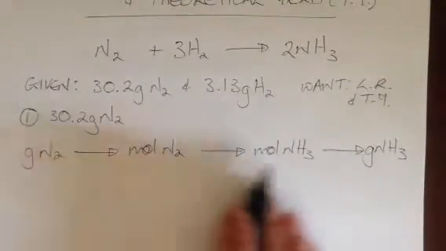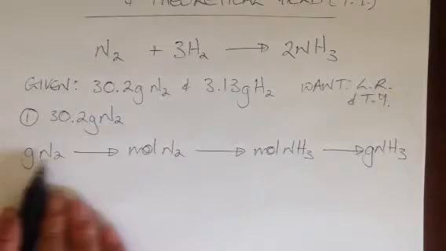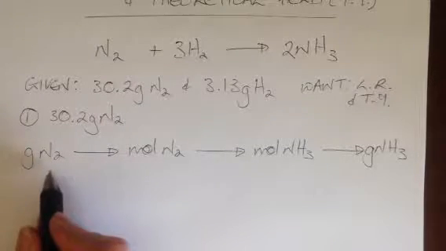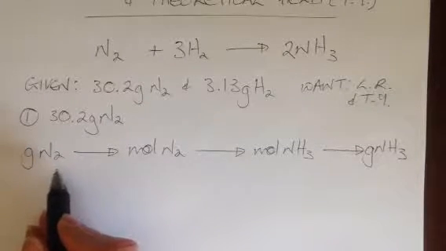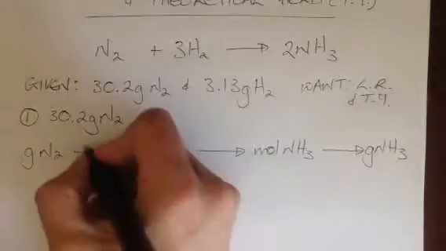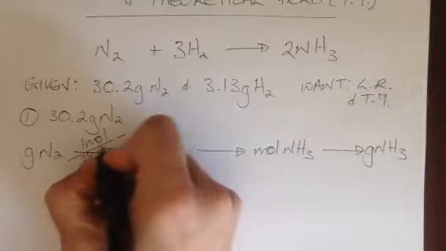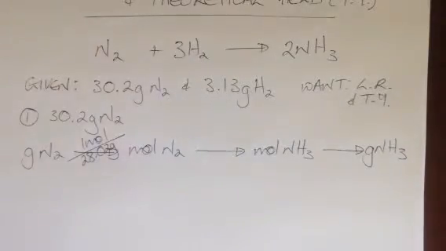Okay, so grams to moles to grams. Grams to moles of nitrogen, we need the molar mass of nitrogen. Nitrogen is 14.01 grams per mole, and it's N2. So 14.01 times 2 is 28.02. We want grams on the bottom. So 1 mole over 28.02 grams.